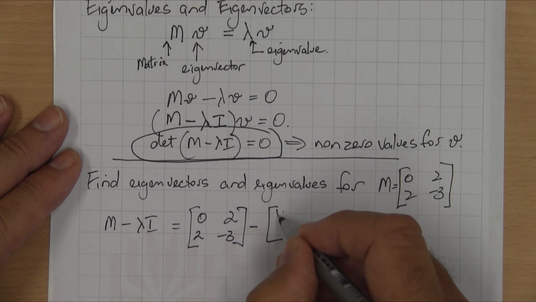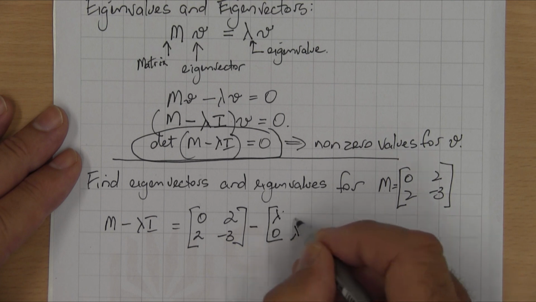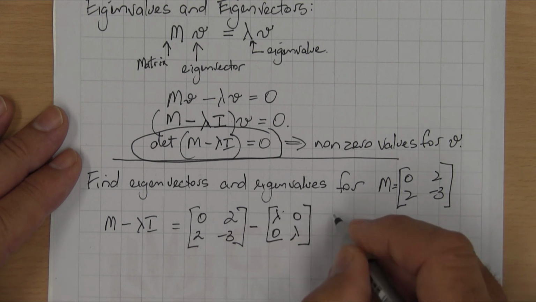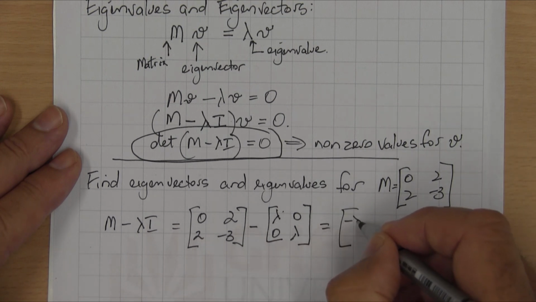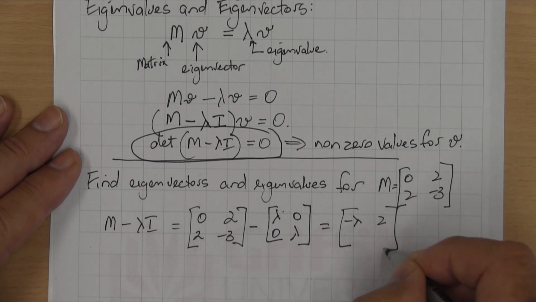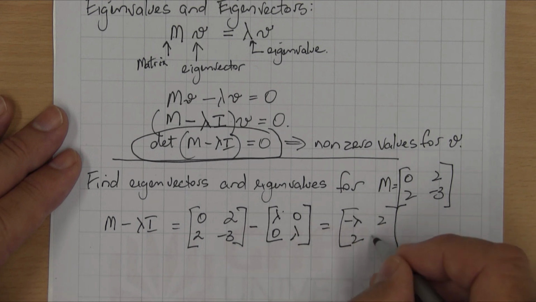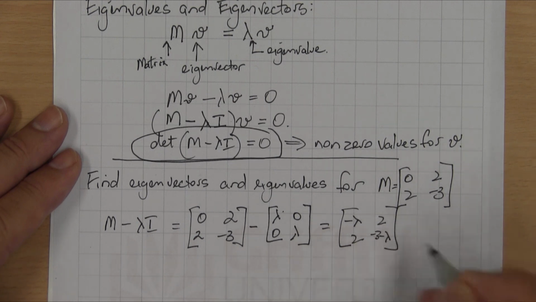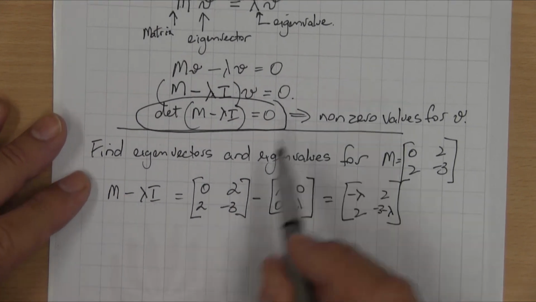If I've got a lambda outside, I multiply by the 1's, and these will still be zeros. So that will be equal to, when we work that out, 0 minus lambda, so negative lambda. 2 minus 0 is 2. 2 minus 0 is 2, and minus 3 minus lambda remains as is. So that's M minus lambda I.